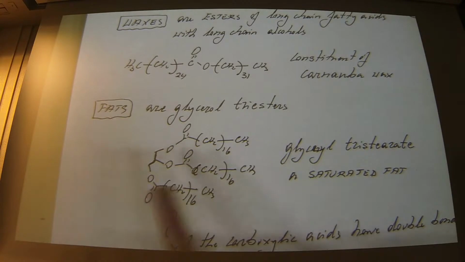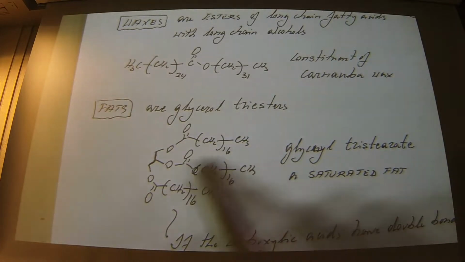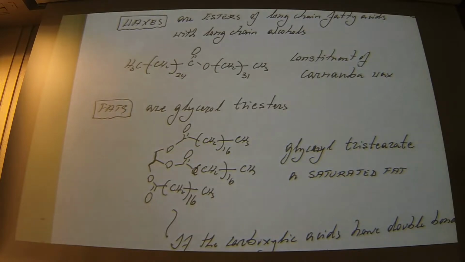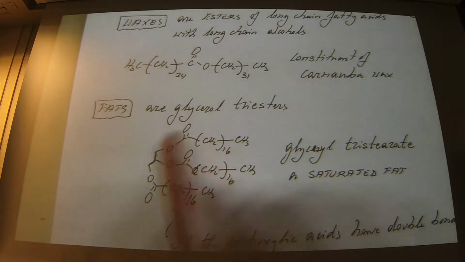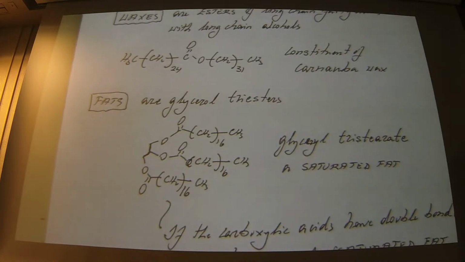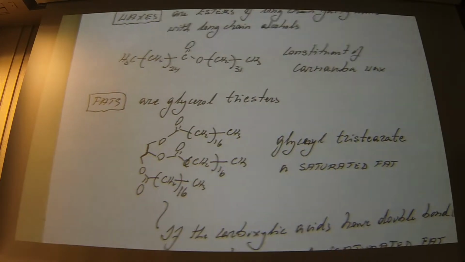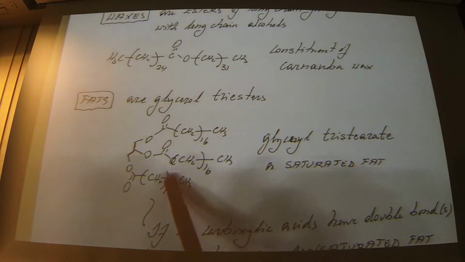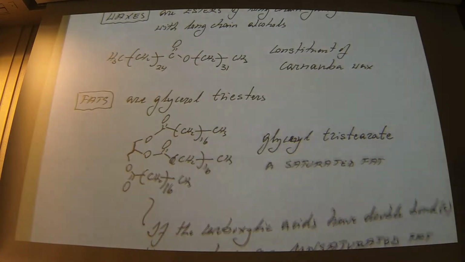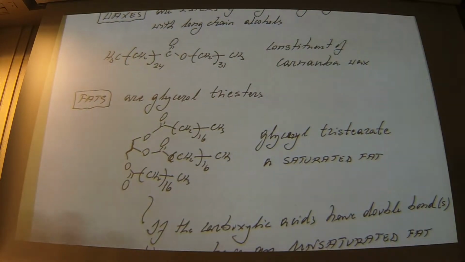Stearic acid is the stuff we get from beef fat, okay? So when you eat a steak, that nice mouthfeel that you get, it's from this stuff here. In food, we're genetically programmed to love this stuff.